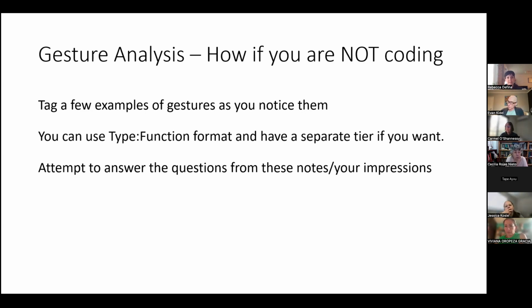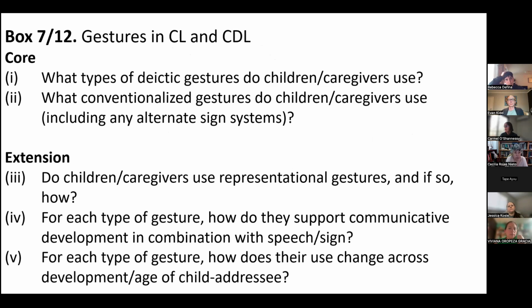And then attempt to answer the questions from the boxes, from these tagged examples and your impressions going through the data. So just these two core questions on the deictic gestures and the conventionalized gestures and how they're being used.